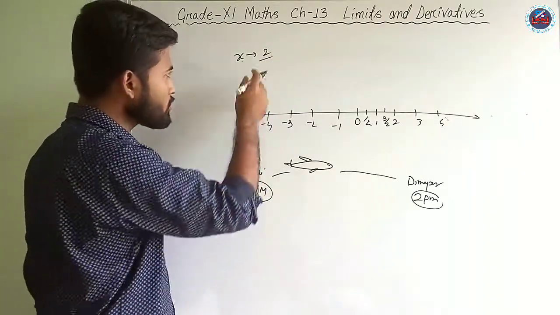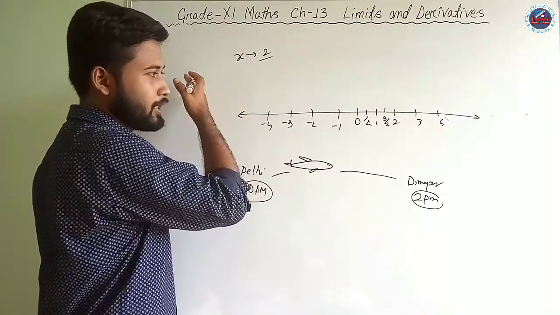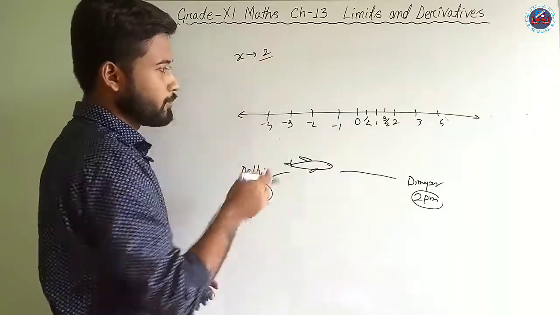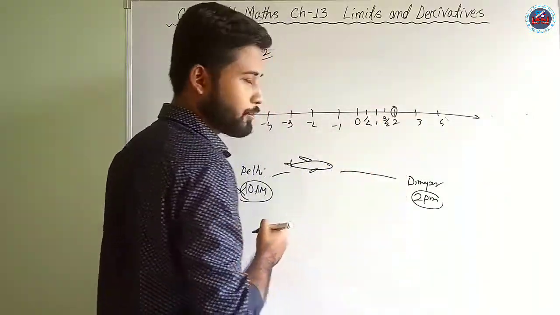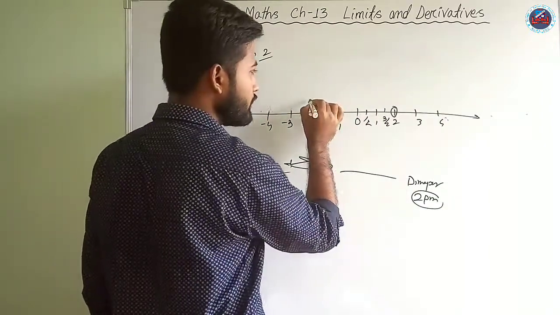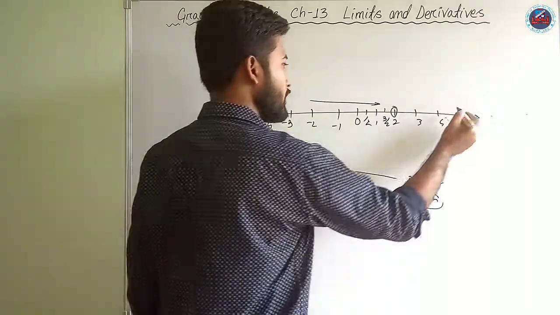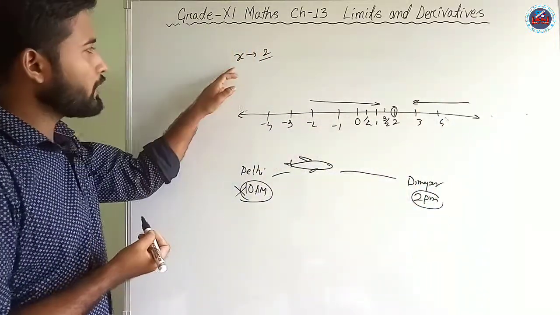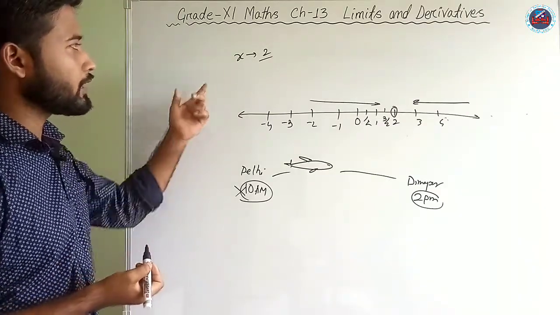Since we do not have any starting point, like whether it will come from the left hand side or right hand side, we do not know. So we shall say that it is approaching from both sides. If we want to find the limit at the point 2, then we shall take both cases, that x will tend from the left hand side as well as from the right hand side.